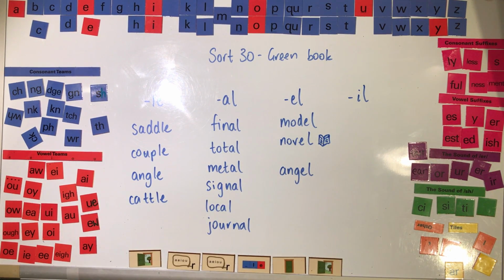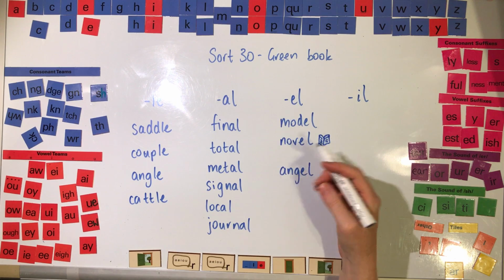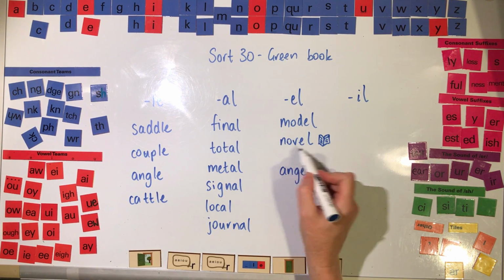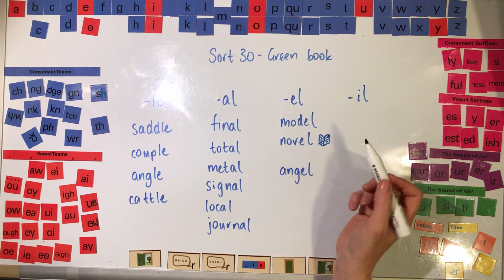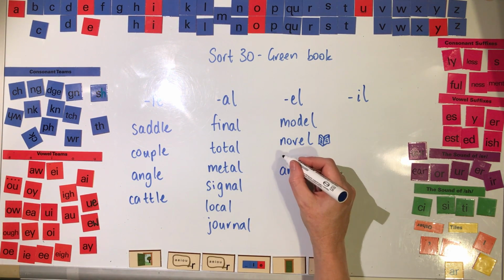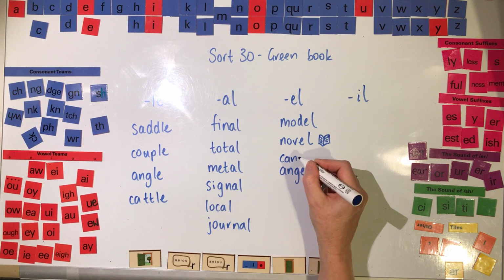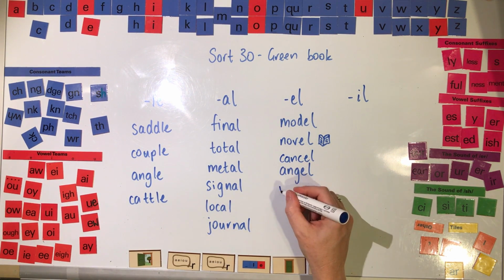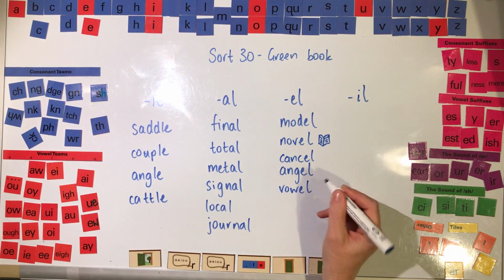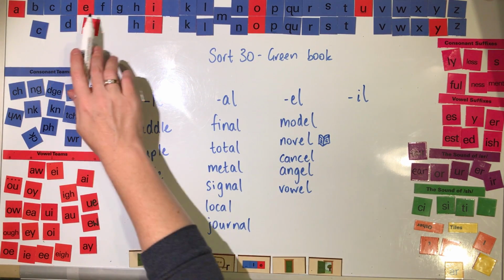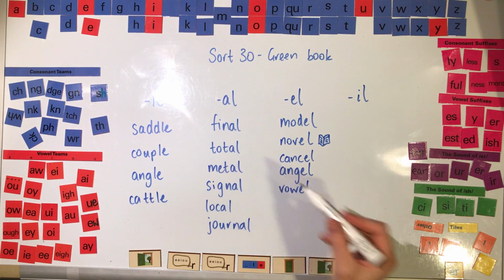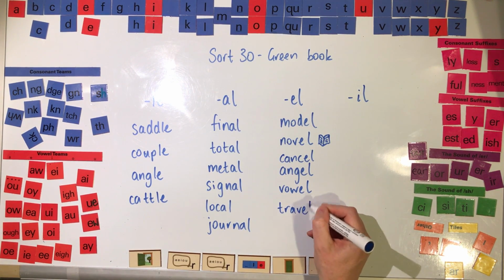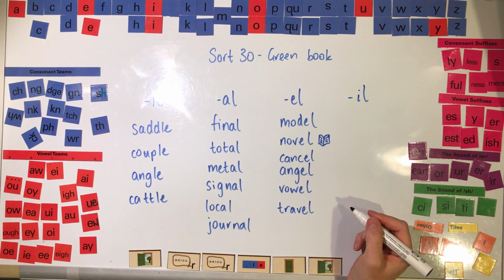But it can also mean novel, like that's clever, unique, that's a novel idea. So this word here has two meanings, so just take note of that. Same spelling, just different meaning. Cancel, if you cancel a meeting. Vowel, that is a letter that's not a consonant, so these red letters here are vowels, A-E-I-O-U, and travel. They're all the EL words.